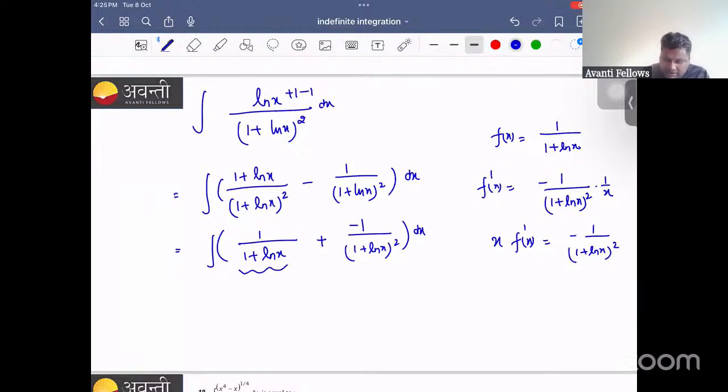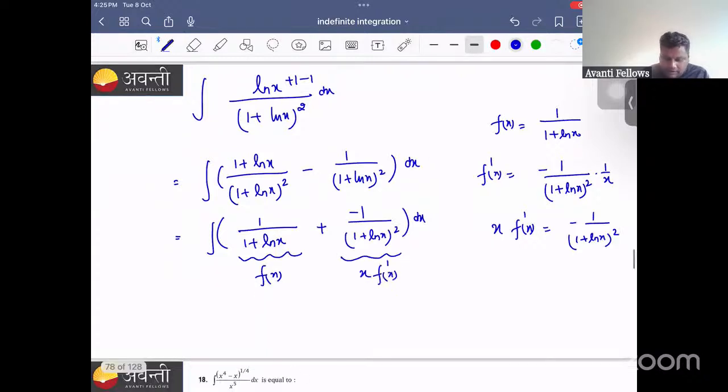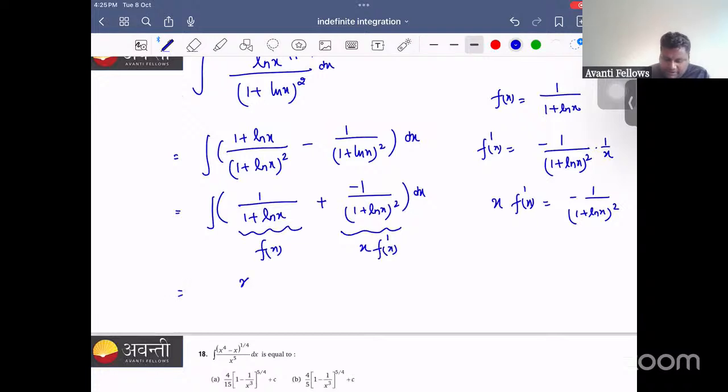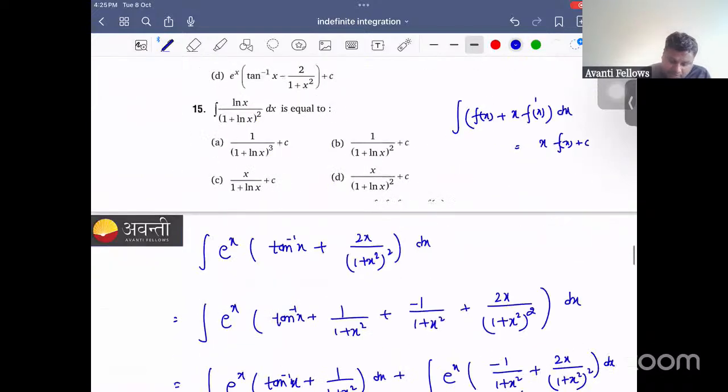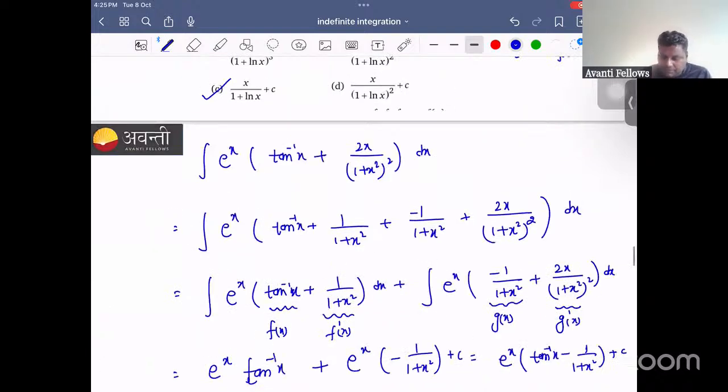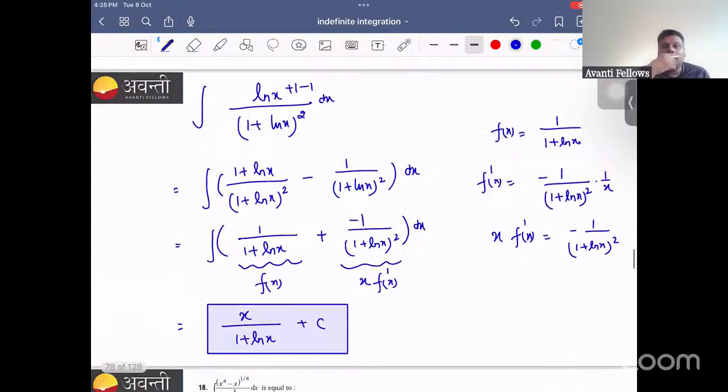So if this is your f(x), this is your x f'(x). Am I correct? So the answer will be x f(x). So it is x upon 1 plus ln x plus constant. Got it? So x upon 1 plus ln x plus constant. C is the correct answer. Congratulations to those who marked the correct answer. Got it? Have a look at it, absorb it, then we'll go forward.